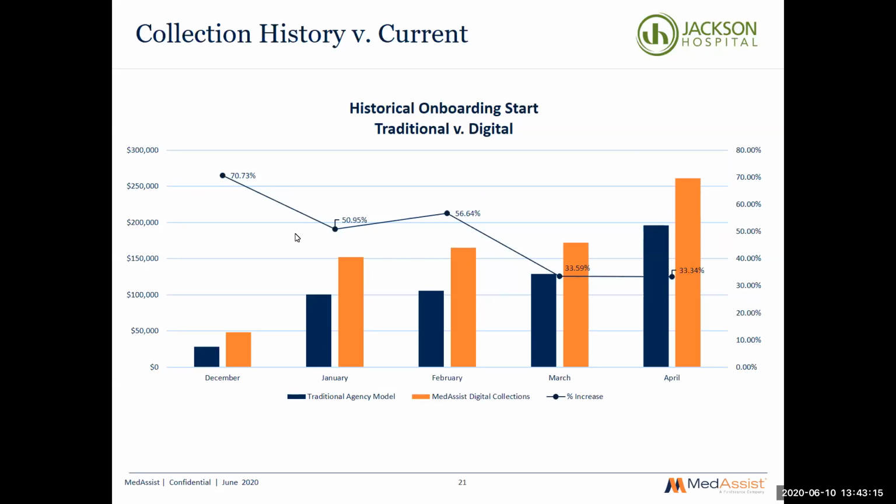In month one, we outperformed his legacy AR by about 70%. Month two, 50%. Month three, 56%. Things are starting to stabilize a little bit, but we are still significantly producing at a higher rate than the traditional model. And so it's not just about collecting more, we're collecting it sooner.